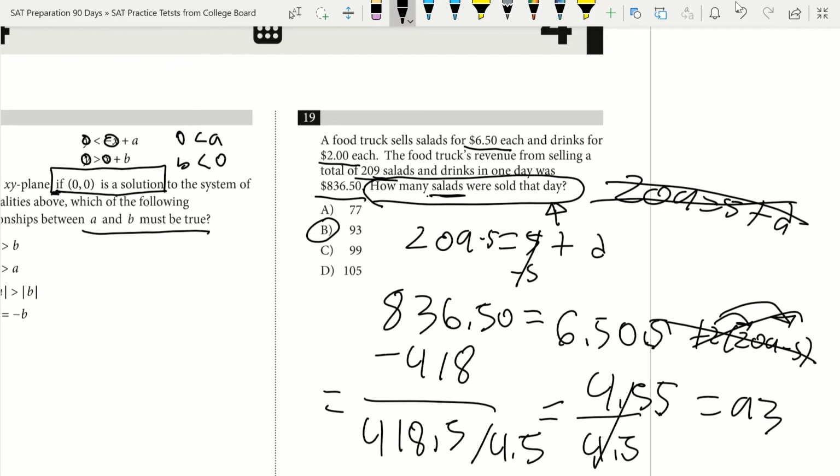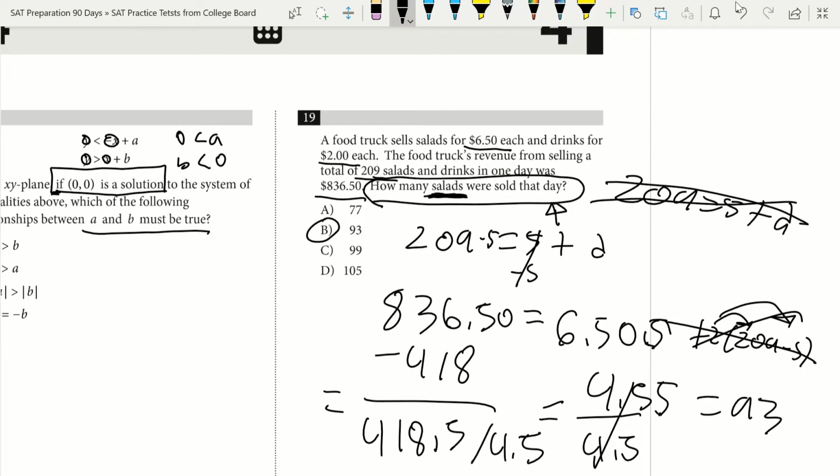Anytime you have a system of equations like this with two variables, make sure you solve for the variable you need first. Don't waste time solving for the other one because you don't get points for that. All you should care about with the SAT sections is getting points. We don't get points for solving the number of drinks; we get points for solving the number of salads. So solve for the number of salads first.